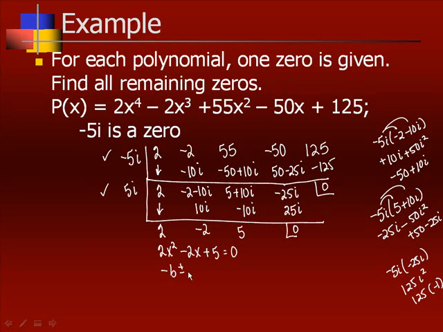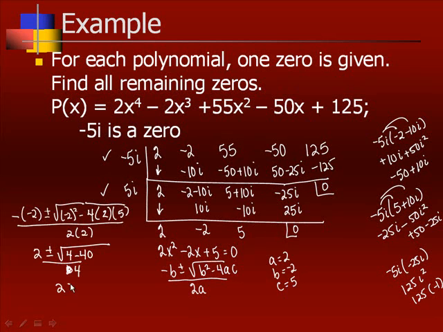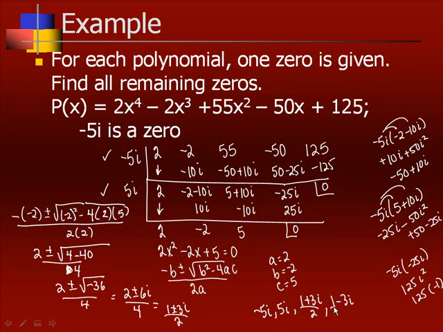Negative b plus or minus the square root of b squared minus 4ac all over 2a, where a is 2, b is negative 2, and c is 5, which is 2 plus or minus the square root of negative 36 over 4, which is 1 plus or minus 3i over 2. So our zeros would be negative 5i, positive 5i, 1 plus 3i over 2, and 1 minus 3i over 2.